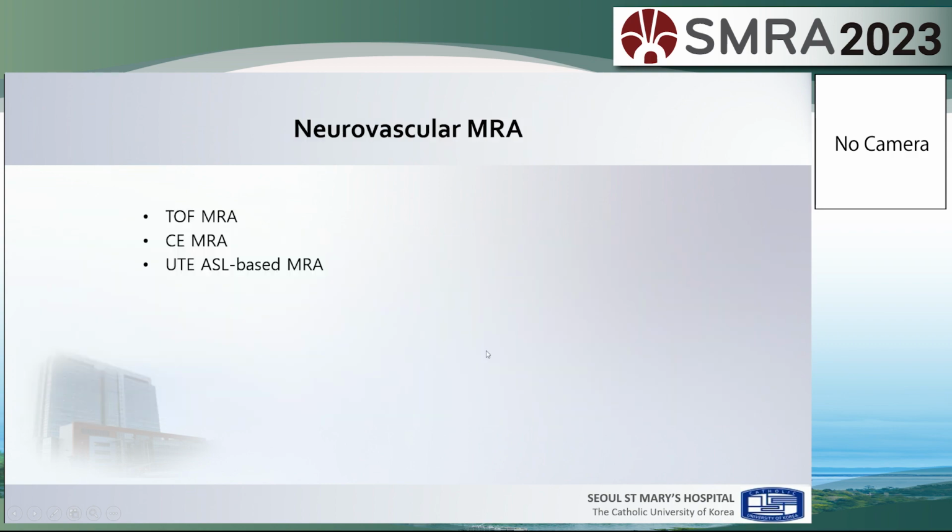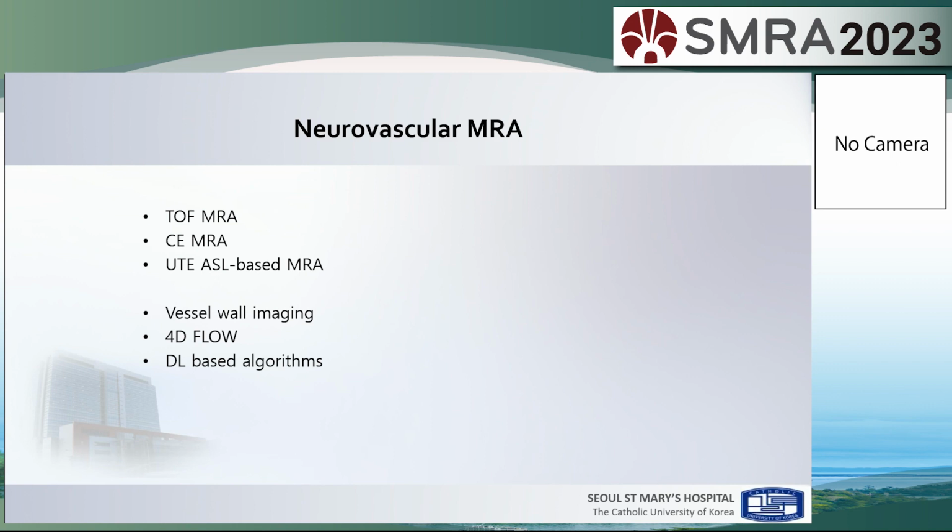So summing up my talk, I covered the basic techniques, including TOF and contrast enhanced MR angiography, in the utilization of neurovascular disease. But recently, ultra-short TE ASL-based MRA can be used after treatment of vascular disease with metal inside. And more recently, we put vessel wall imaging to use, mostly for the differentiation of atherosclerotic disease, dissection, or vasculitis, including moyamoya at the moment.